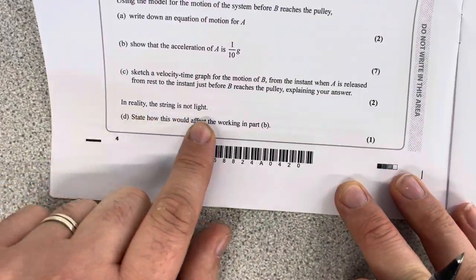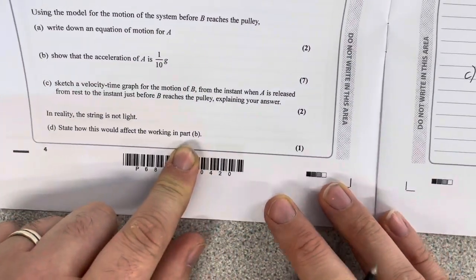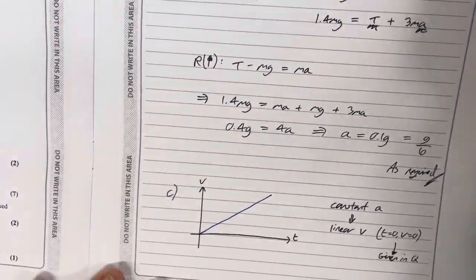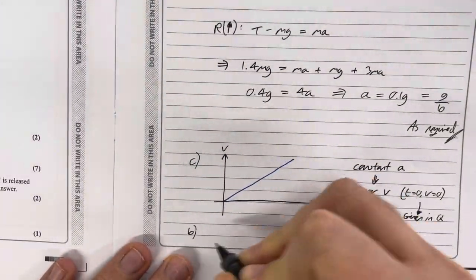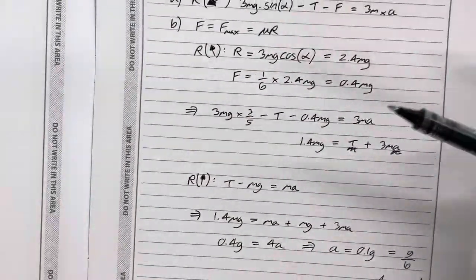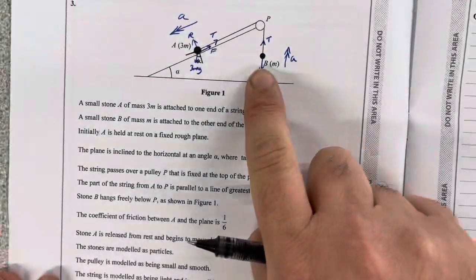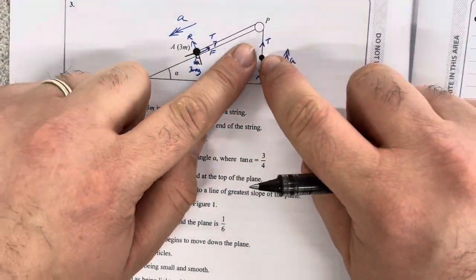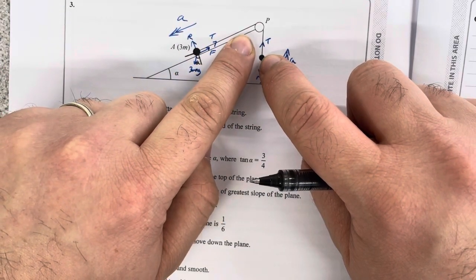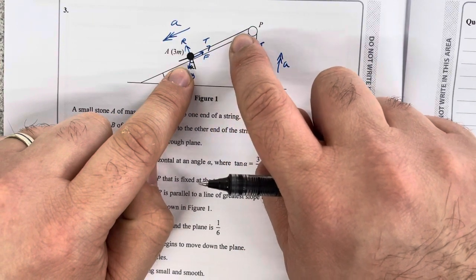Part D, in reality the string is not light. State how this would affect the working in part B. Okay, so we've got a string that's not light, so we must consider the mass of the string, which we've not done, and the mass of the string is going to increase down here as time increases.